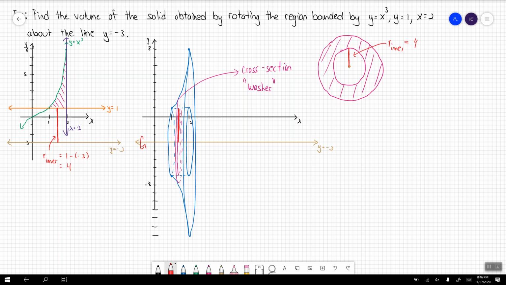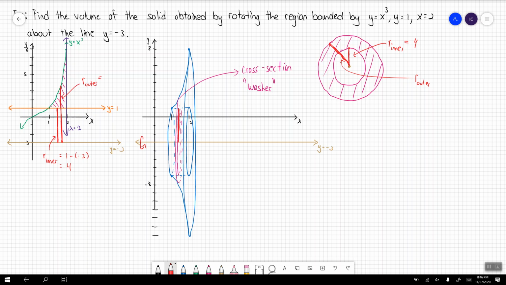The outer radius, let's get that outer radius going. The outer radius is going to be measured again from the axis of rotation all the way up to that outer portion of the volume.